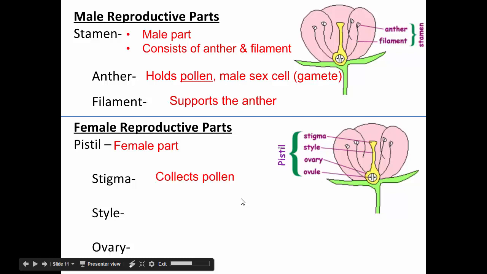The stigma, the top, this is where pollen would land. If this flower is going to be pollinated, pollen needs to land on this stigma. The style basically holds that stigma up in the air.